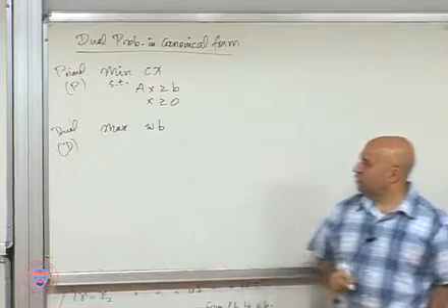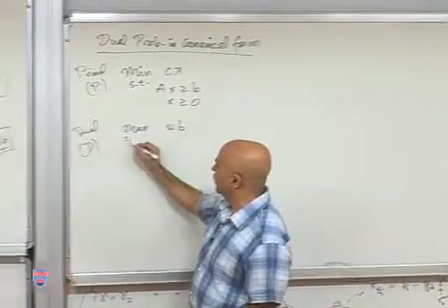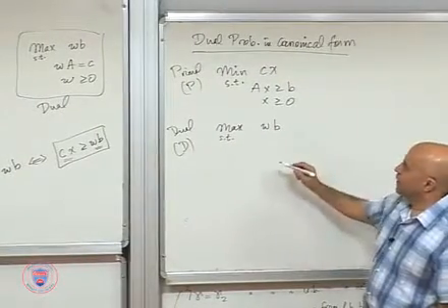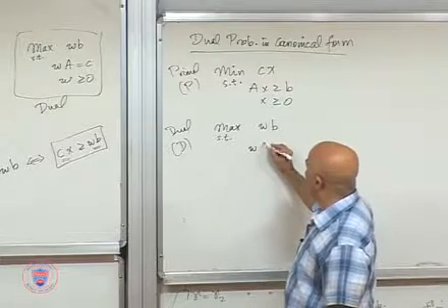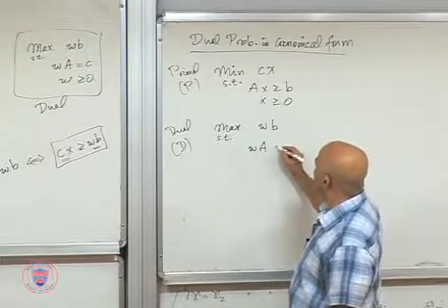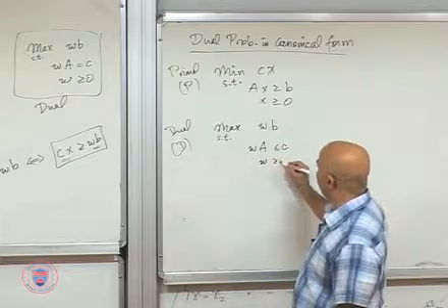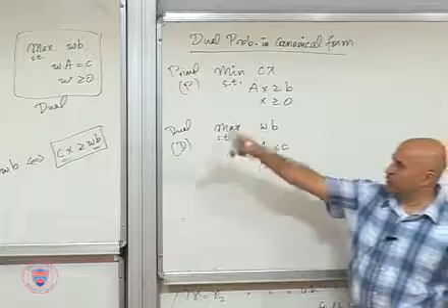It's the row vector W times the column vector b, subject to WA less than or equal to C with W non-negative. That's what you get.